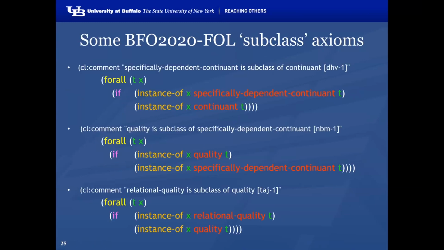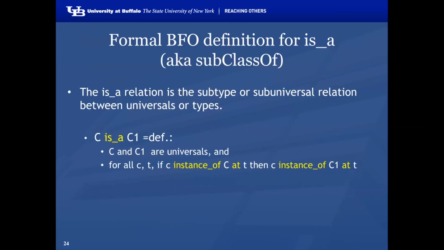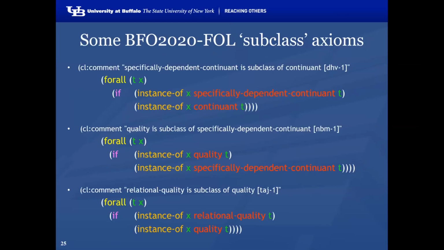Now, if you look at the BFO and the full axiomatization, you will not find ISA as a relationship there. That is because, like I said, we classify individuals. So to express that classification by means of axioms, we use statements like these. For all t and x, if x is an instance of a specifically dependent continuant at t, then x is an instance of a continuant at t.